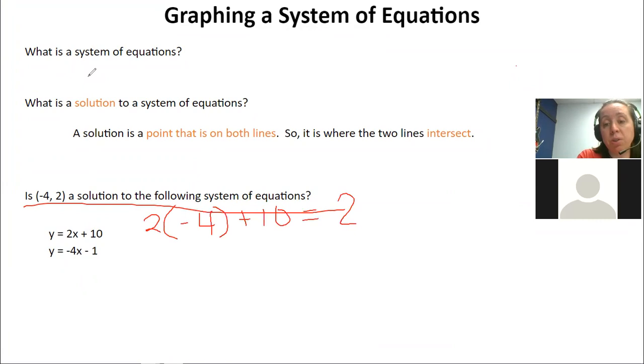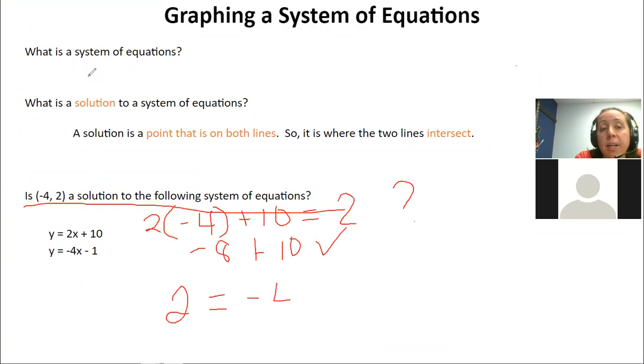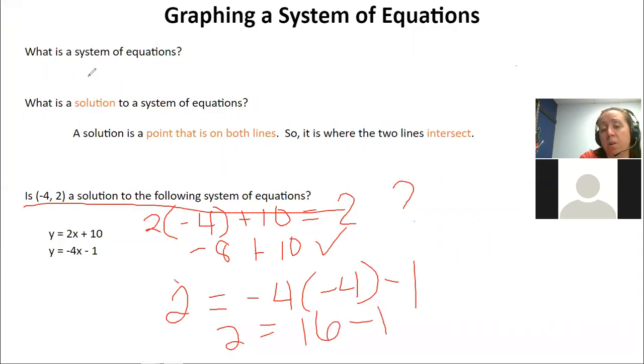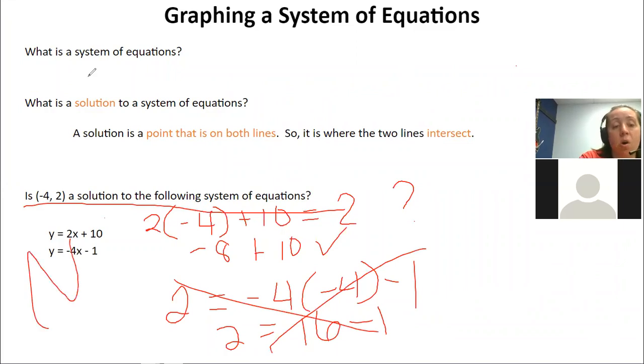Does that give you 2? 4 times -2 is -8 plus 10. Yeah, that one works. Now let's check it for the other one. 2 equals -4 times -4 minus 1. So does 2 equal 16 minus 1? No, it does not work. So we would say no, not a solution.